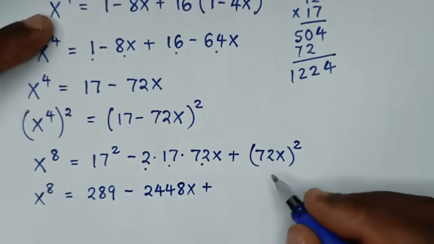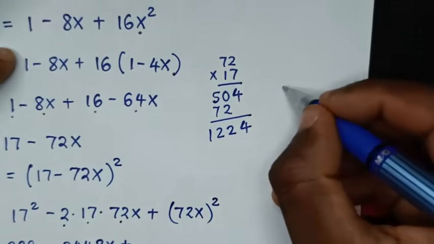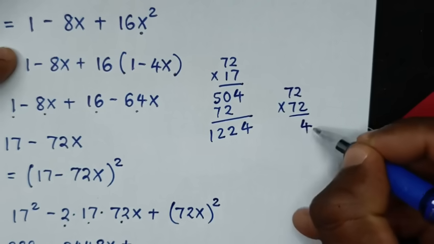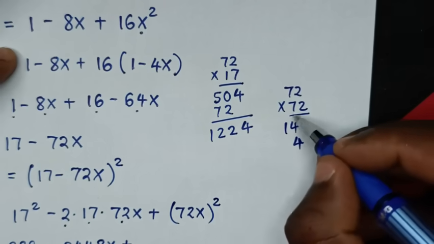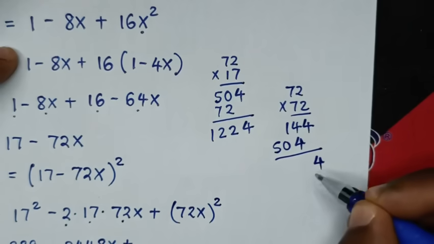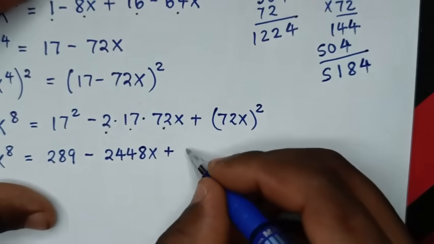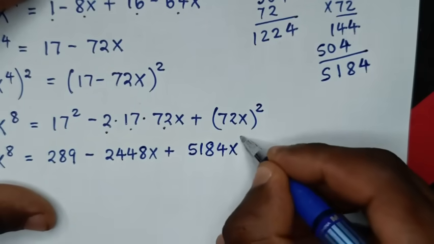Then plus (72x)^2, which is 72 times 72, which gives 5184x^2.